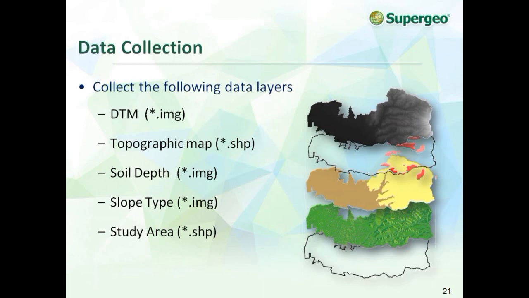Soil depth and slope type can represent the soil character. Of course, I just need to focus on today's study area. So I collected the shapefile, and in the data processing, we have to combine the different layers and convert the data to the ordinal topography and geology maps. I will show you how to do that.